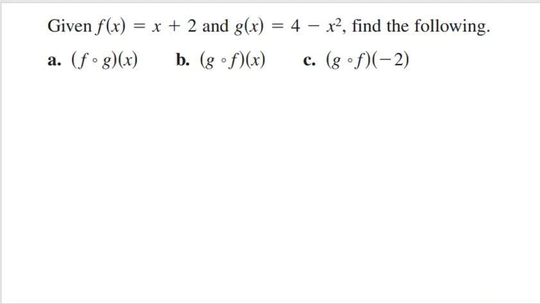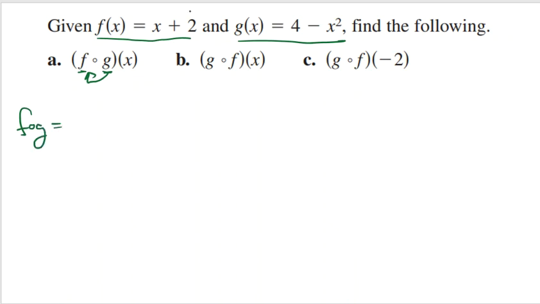All right, so how can we do that with functions now? Here's two more examples. f is x plus 2, g is 4 minus x squared. I want to do three different things with these functions. The first thing I want to do is compose f of g. So g comes second, so I literally want to take g and plug it into f. So what does that look like?